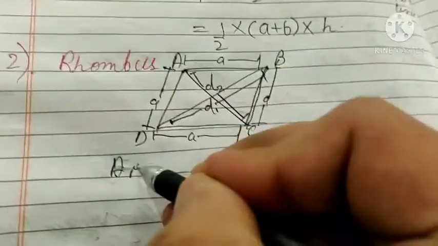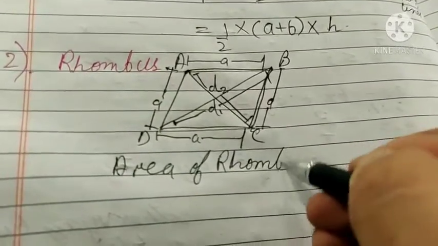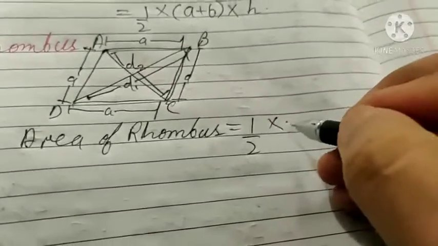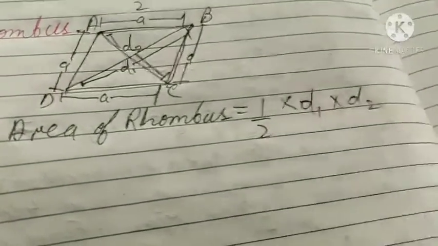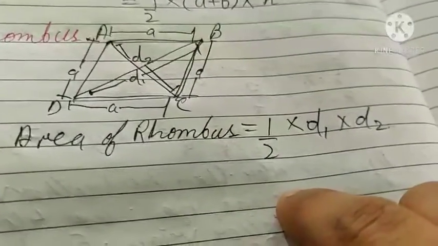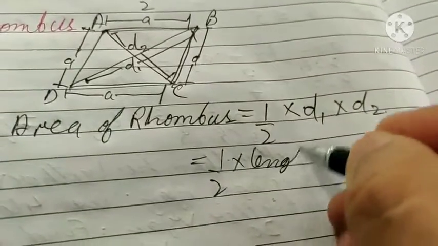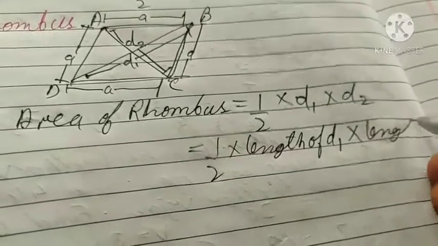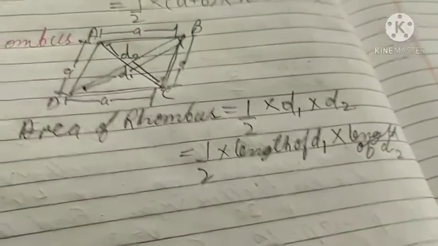So area of rhombus is equal to half into D1 into D2, means product of diagonals into half. That is half into length of diagonal 1 multiplied by the length of diagonal 2.